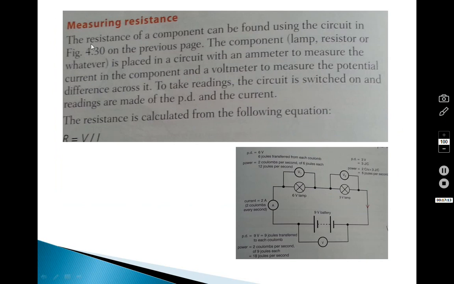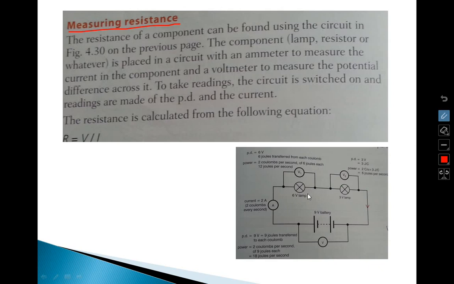Now we will see how we could measure resistance in the circuit. It's not by calculation. We need to use a voltmeter and an ammeter, and then we will find the value of R inside the circuit.